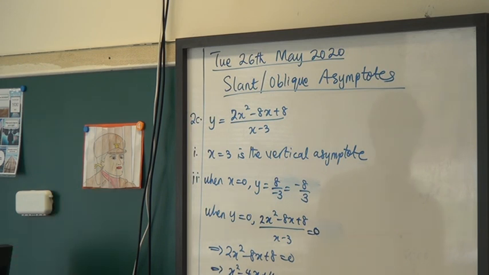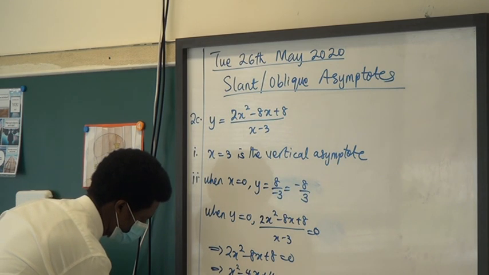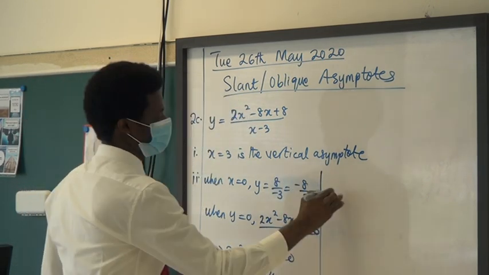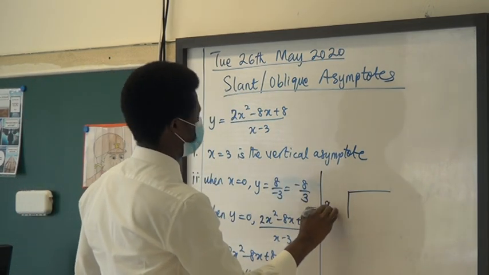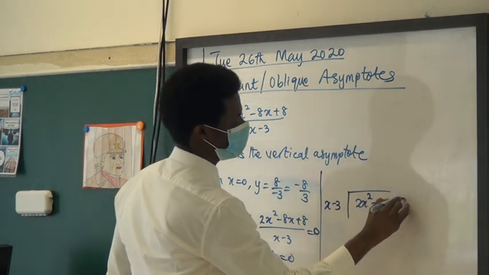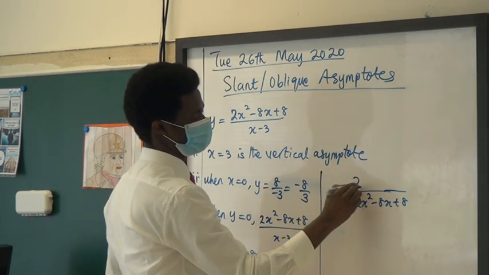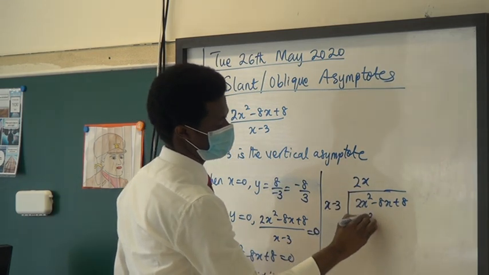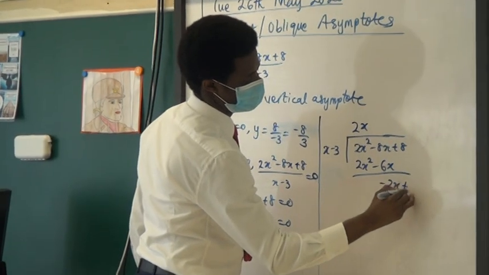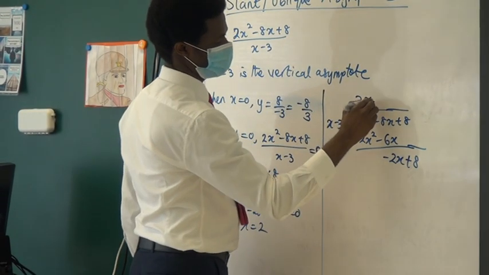Oblique asymptote. To get that, we split it into 2, so let's do the division algorithm. x minus 3 into 2x squared minus 8x plus 8. The first gives 2x, 2x squared minus 6x, leaving negative 2x. Please check if I'm right or wrong.